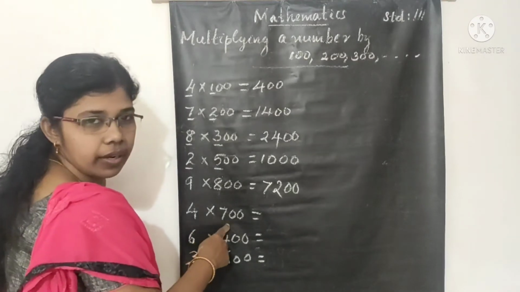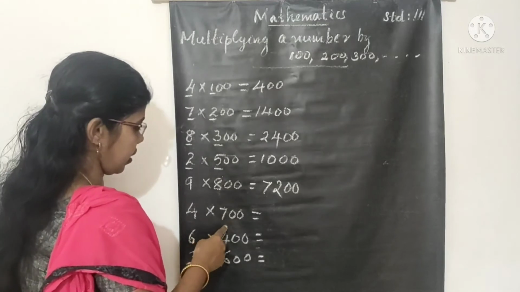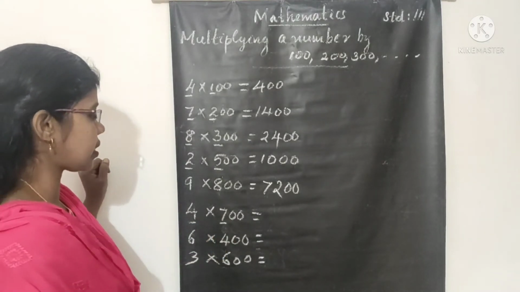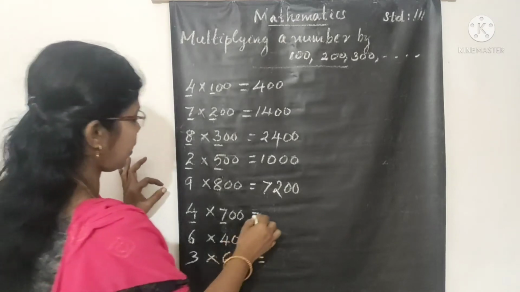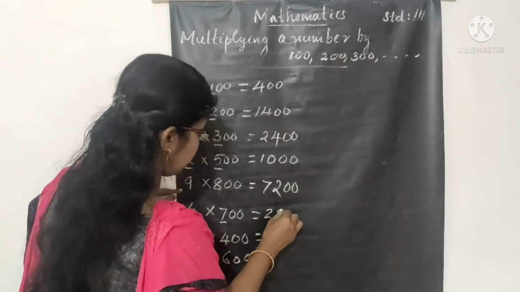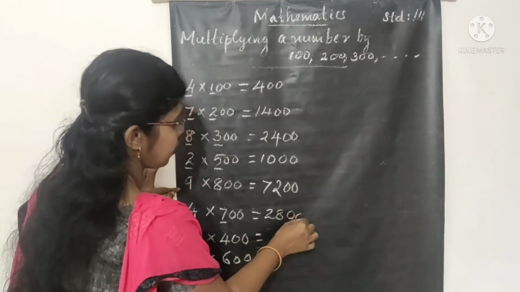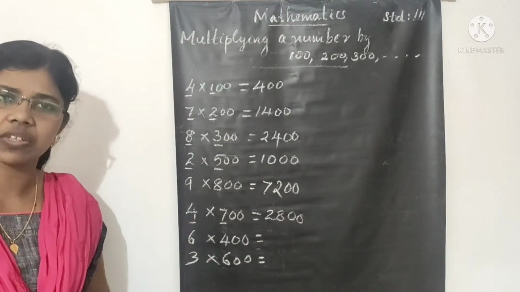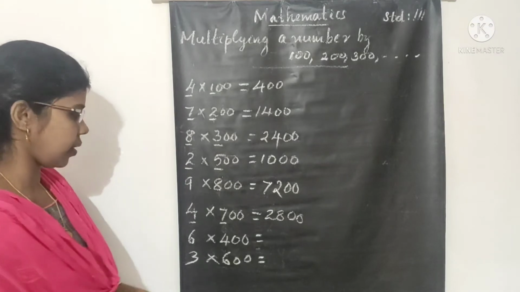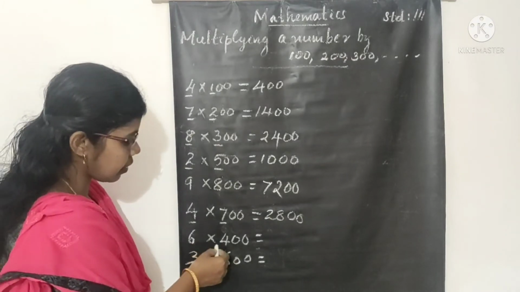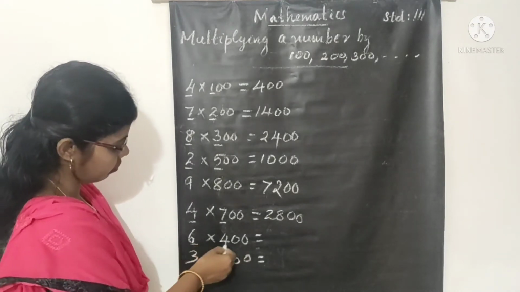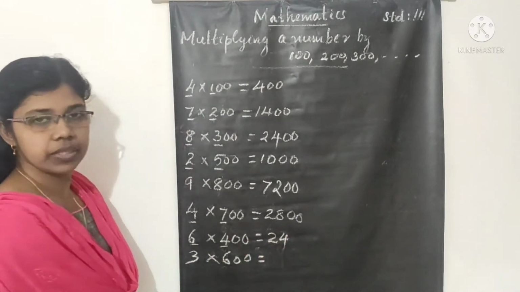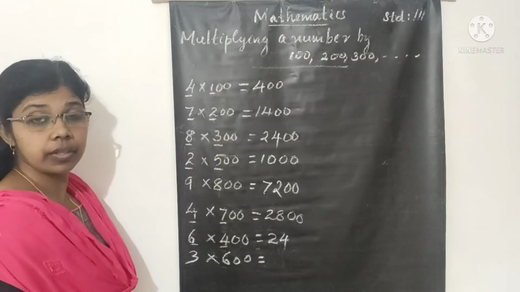Next, 4 into 700. First we have to multiply 4 and 7. 7 4s are 28. Then put these two zeros. Very simple, multiplication with the tens and multiplication with the hundreds. Next, 6 into 400. 6 4s are 24.